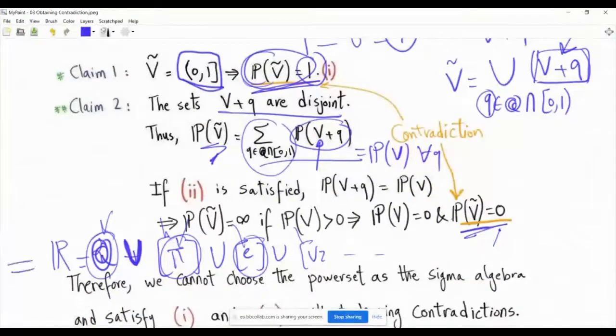Now, you may say that our contradiction may be resolved in a different way. Maybe actually the error is that we can construct set V. So how did we construct set V? We basically went to this uncountable union, and from each set we obtained an element living in 0, 1. Okay, so there is no rigorous argument why this should be feasible.